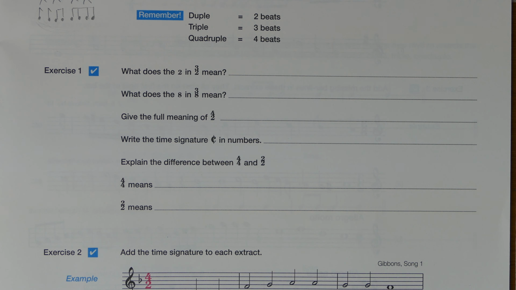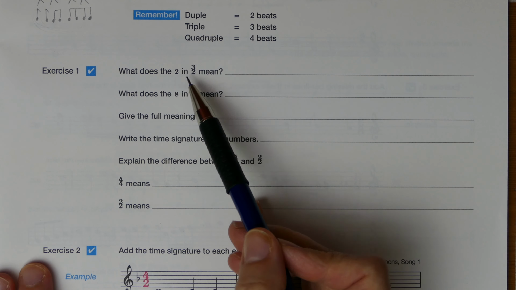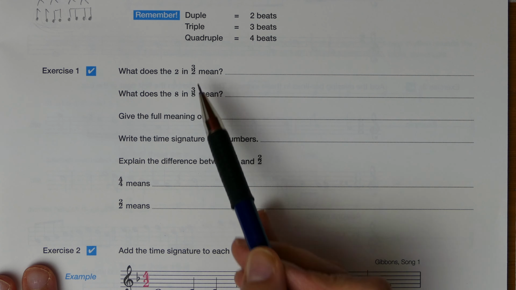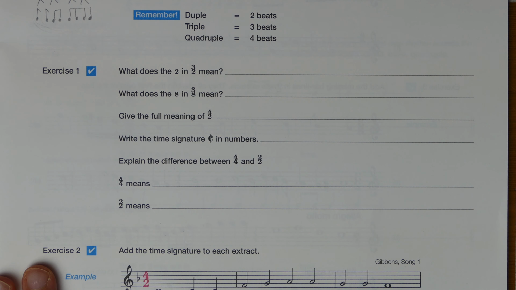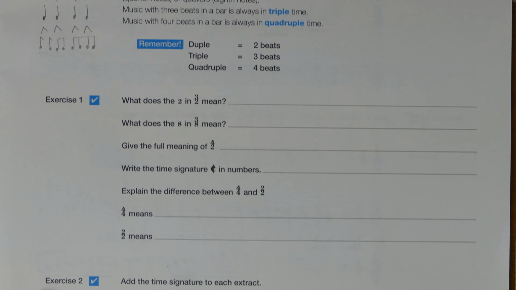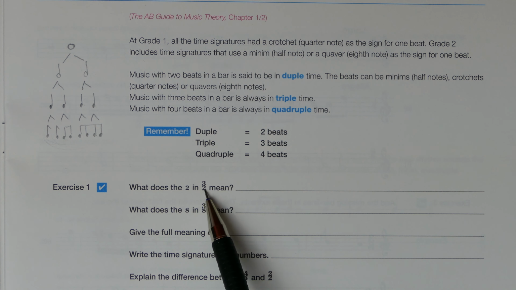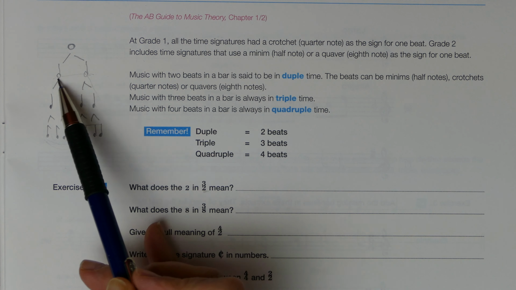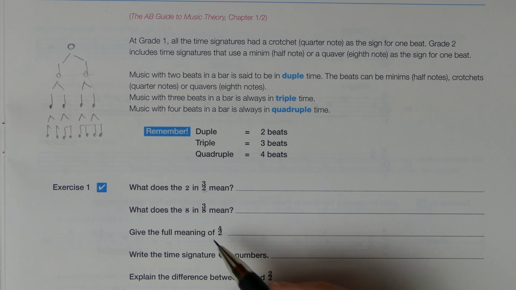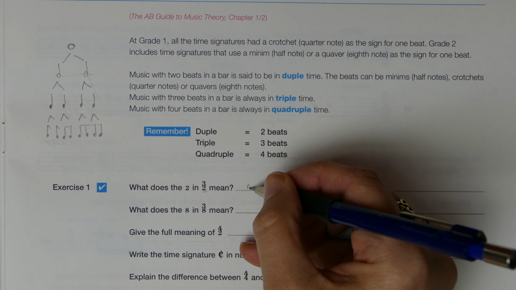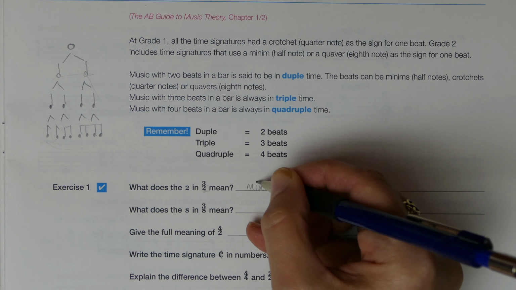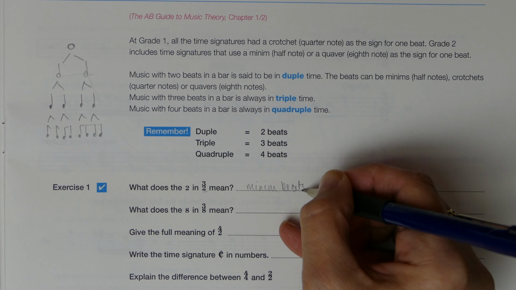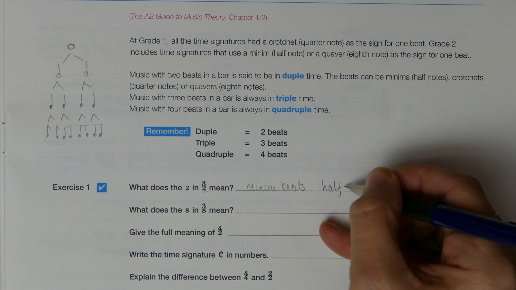So I'm hoping that you've had a little go of that yourself, and so now we're going to work through this together. So what does the 2 in 3/2 mean? Remember, we're counting in half notes, and so we're counting in minim beats or half notes. So the 2 means minim beats or half notes.